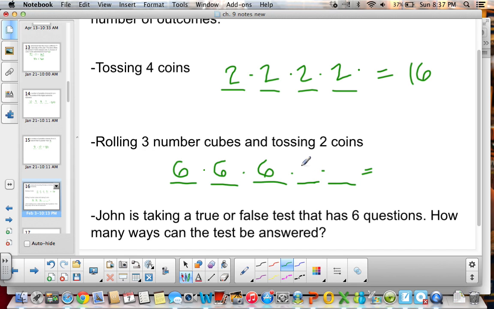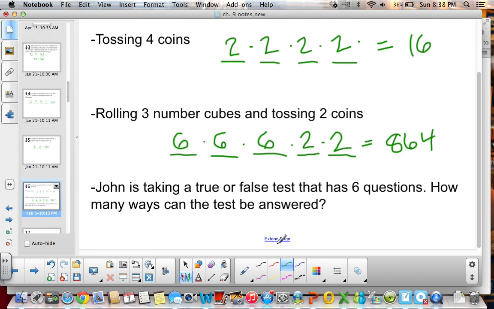Our dice, we could get 1, 2, 3, 4, 5, or 6. And then tossing 2 coins, we have 2 outcomes because we could get heads or tails. So then it's 6 times 6 times 6 times 2 times 2. And we get 864 different outcomes.